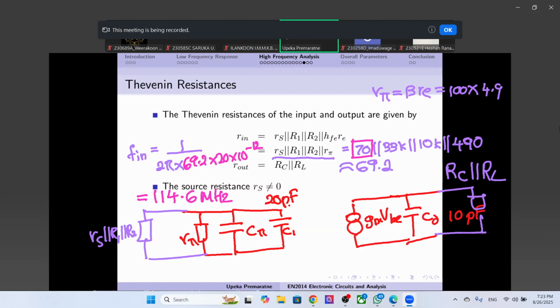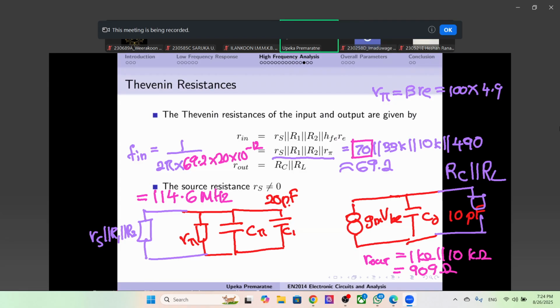For R out, this is straightforward, right? It's very simple. RC is 1 kilo ohm, RL is 10 kilo ohms, and then there is approximately 909 ohms.